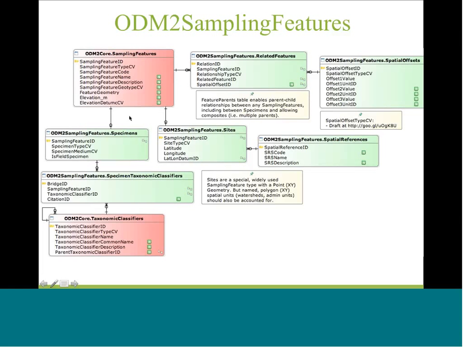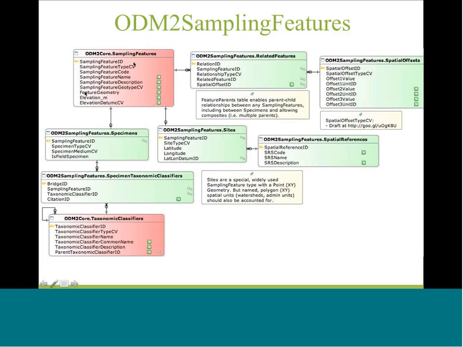But sampling features can include all sorts of things. It can include a transect, a cruise track. It could include a field area, some area that you go to, like the Shale Hills CZO, that little tiny watershed. The entire thing could be a sampling feature.